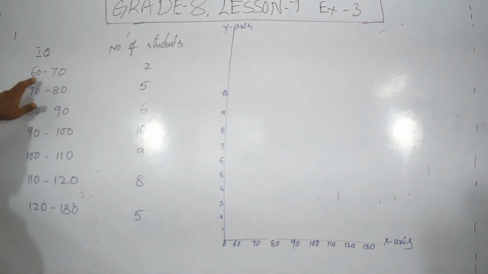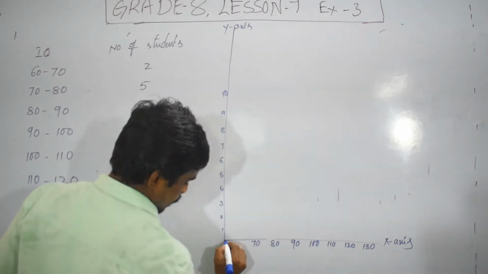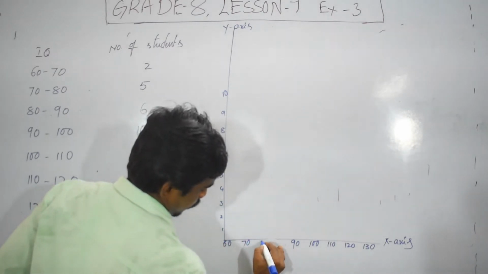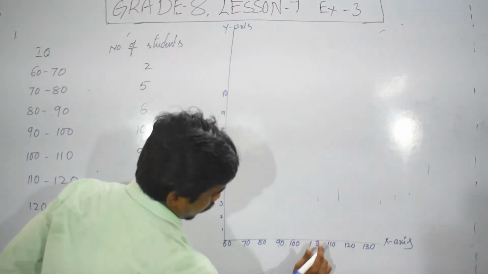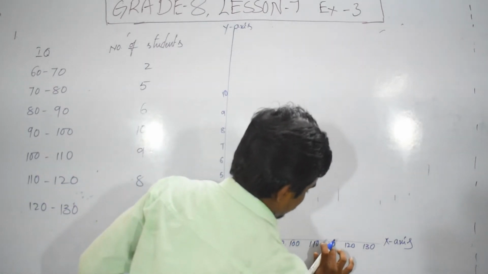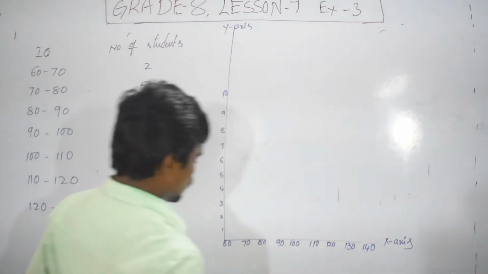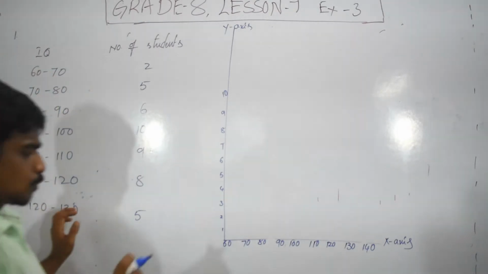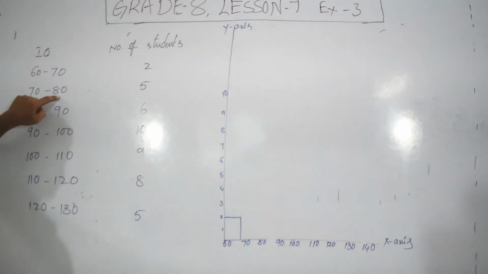Here see, first 60 to 70. How many students? 2. Next 70 to 80.